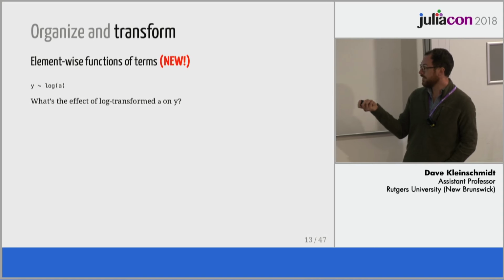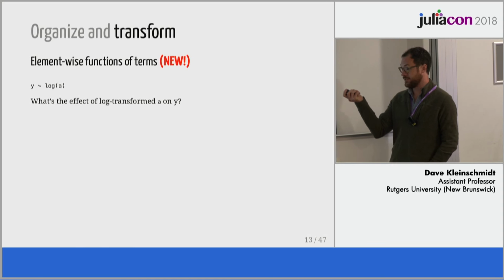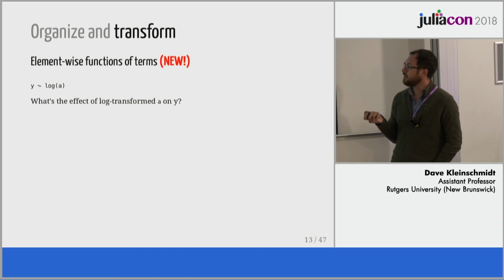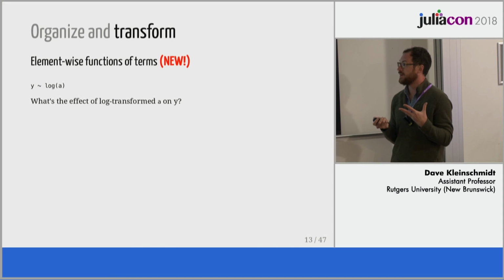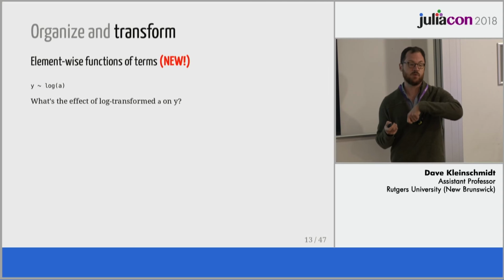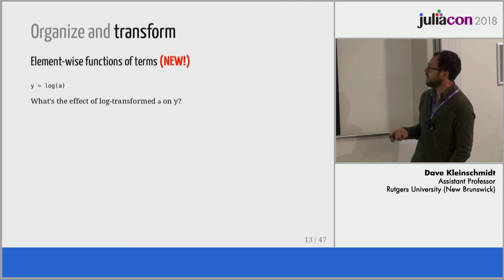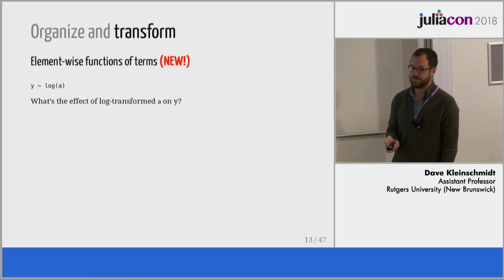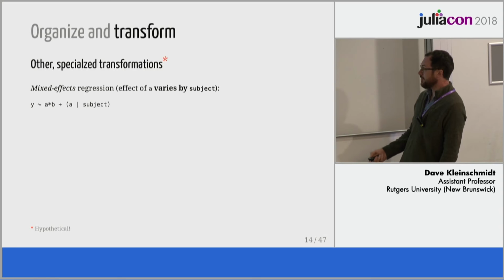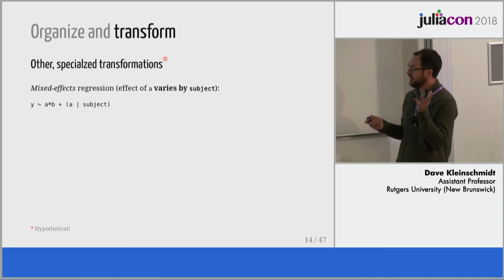Okay, now the really cool thing that you might want to do that's new in what I'm talking about here is arbitrary Julia functions that are applied element-wise to the columns pulled out of the data table, right? So this will just log transform A and generate a predictor for it. Okay, and also you might want to do other specialized transformations.